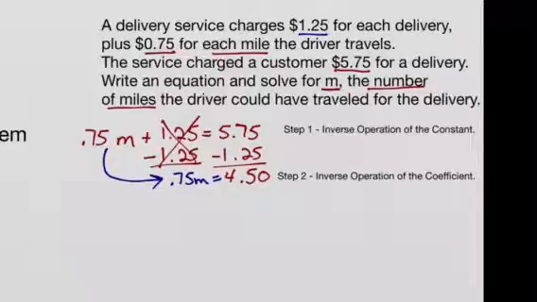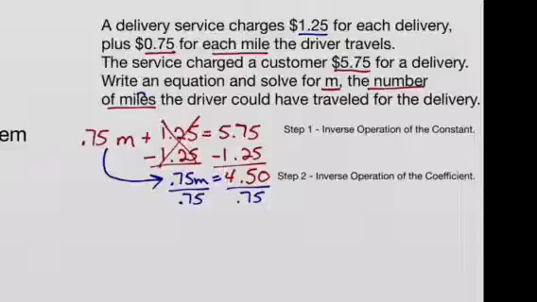And so now, the coefficient is the number that is multiplying the variable. Therefore, the opposite operation of multiplying is dividing. So I am going to be dividing the coefficient and variable, and also the answer that we have at this point, which is $4.50.